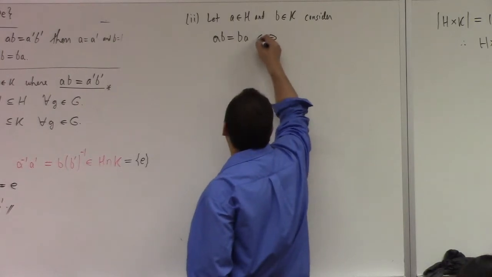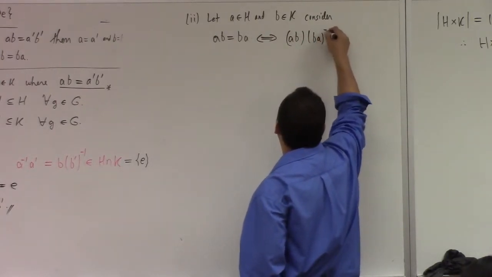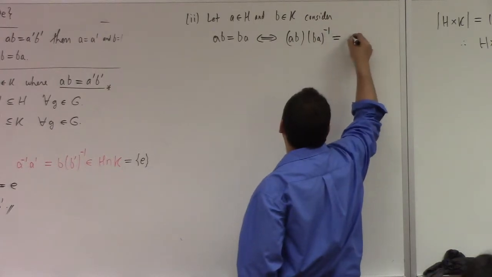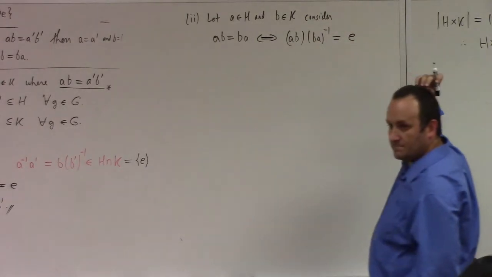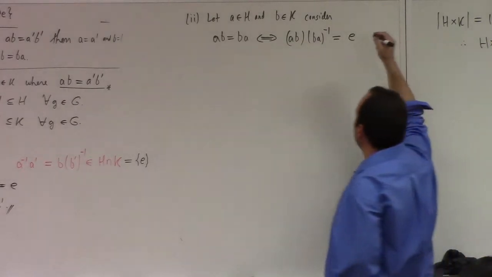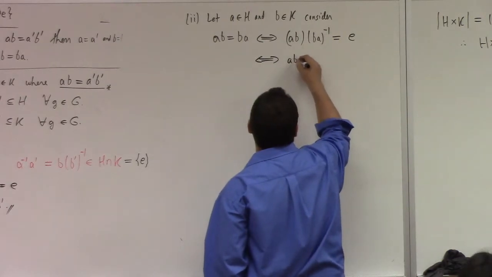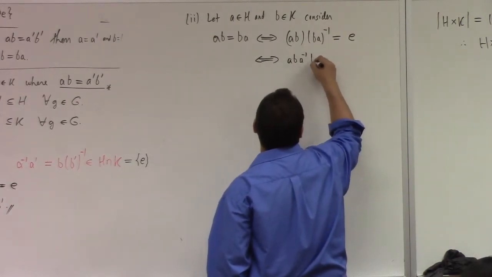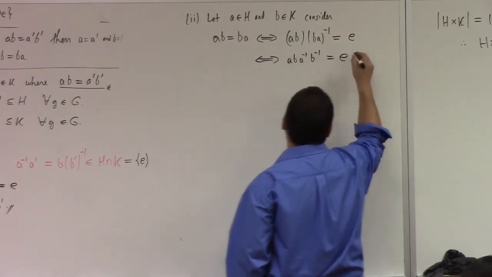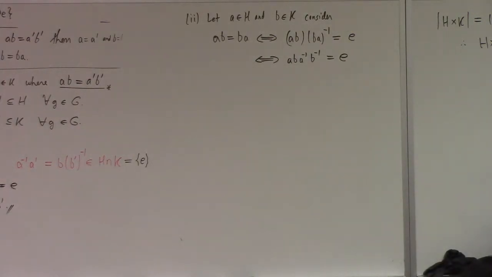If and only if what? ab times (ba) inverse is equal to the identity, right? If and only if what? We can trade that for a b a inverse b inverse equal to the identity, right?